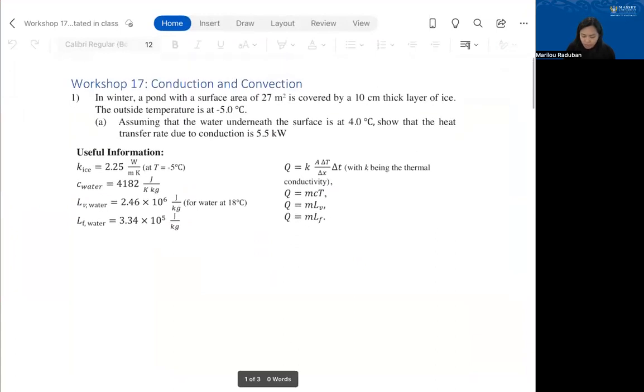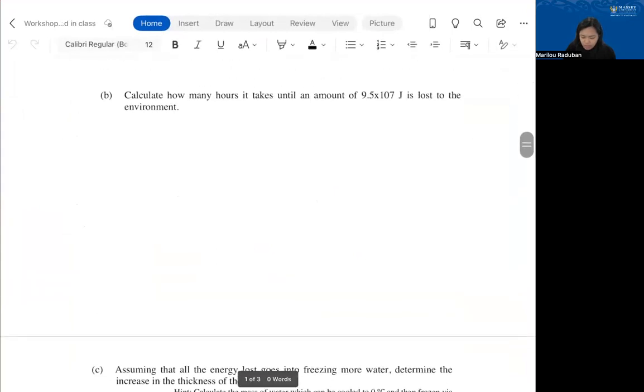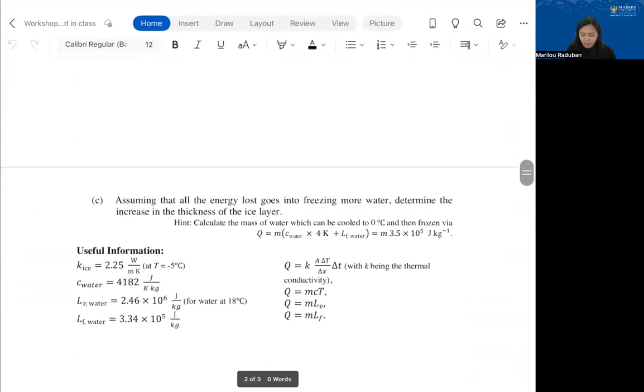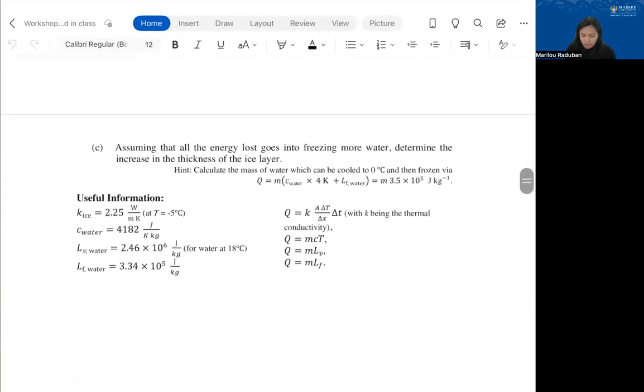So you have here just one scenario of a pond with a frozen surface. The first question asks us to find the heat transfer rate by conduction. Second one is how long it will take to lose this certain amount of heat to the environment by conduction.